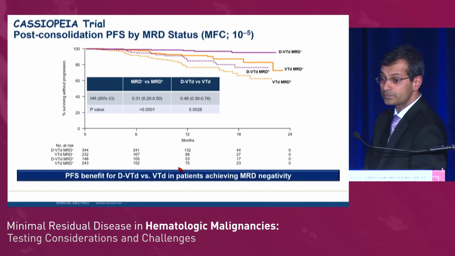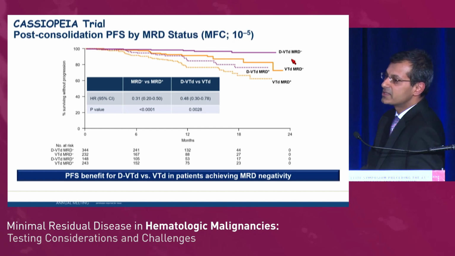The Cassiopeia trial, which compared a triplet in newly diagnosed myeloma patients, VTD, with a quadruplet of Dara-VTD, showed that patients who received the triplet could also achieve an MRD negative state, but the depth of response, even though comparable, wasn't necessarily the same.